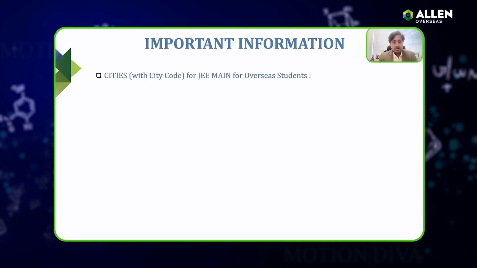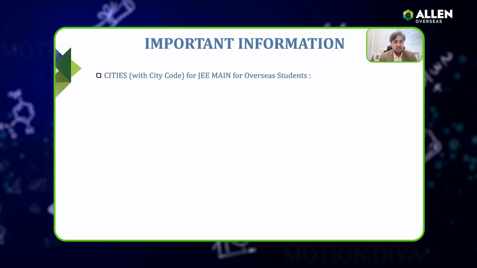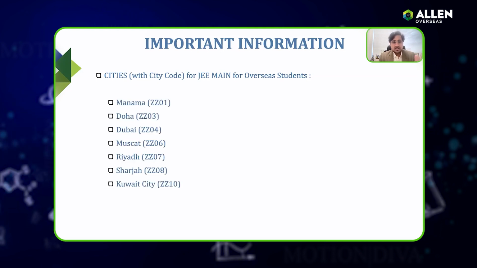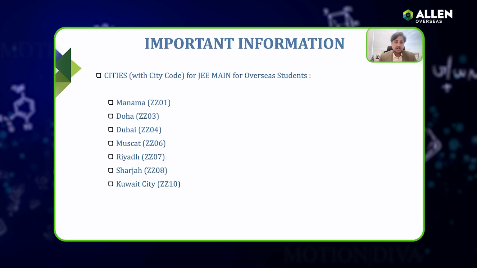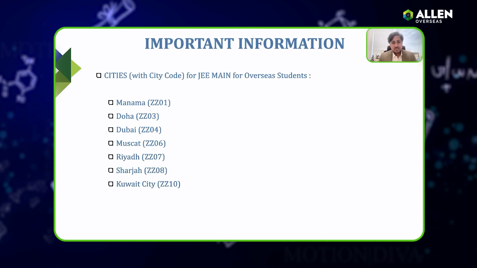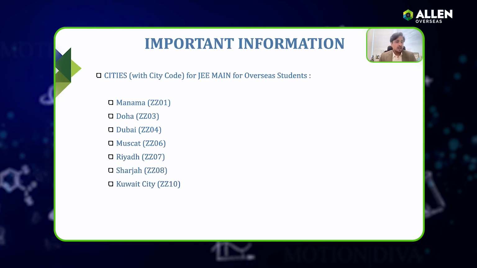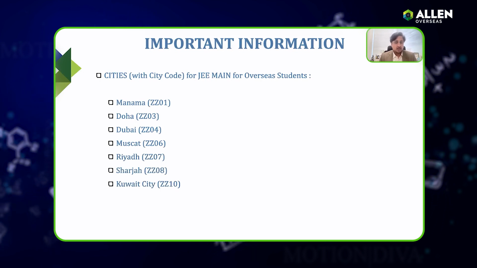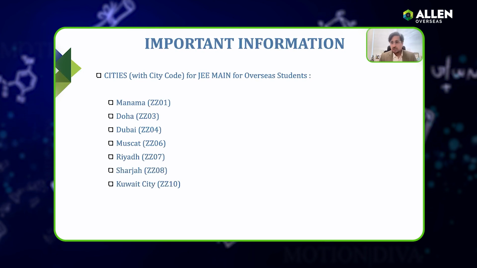Some more important information. Well, the cities for JEE Mains for overseas students this time are: Manama, Doha, Dubai, Muscat, Riyadh, Sharjah and Kuwait City. So UAE students have 2 options, Dubai and Sharjah. Bahrain, of course, Manama; Qatar, of course, Doha; Oman, Muscat; Saudi Arabia, Riyadh; and Kuwait, you get Kuwait City.